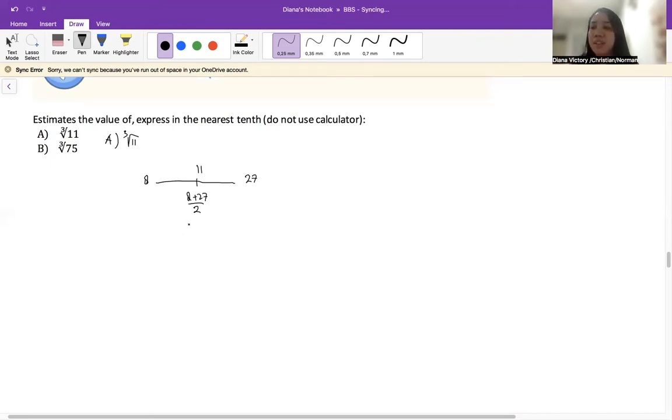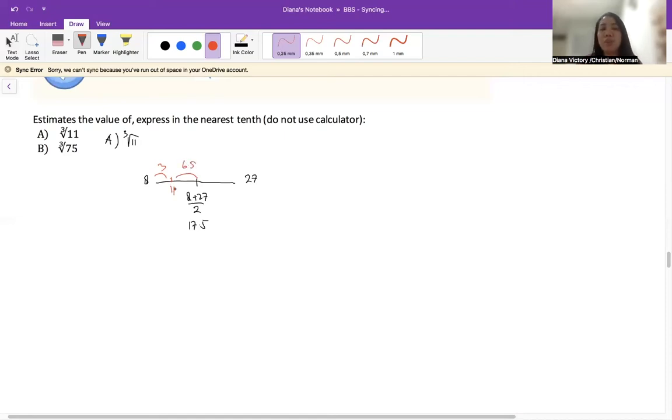The number in between 8 and 27 is 17.5. So that is the number in the middle of 8 and 27. And then 11 is right here. The difference between 11 and 8 is 3, and the difference to the middle is 6.5.